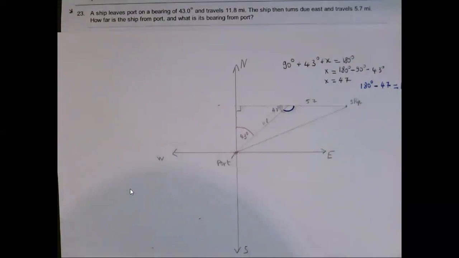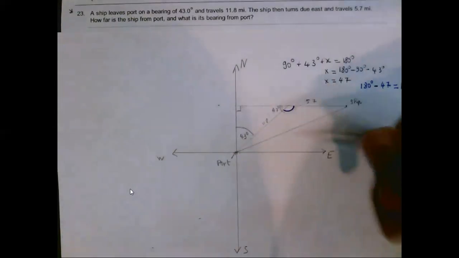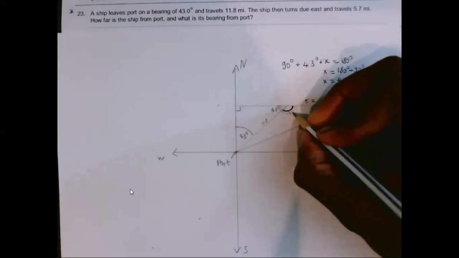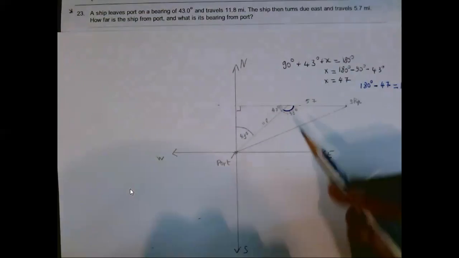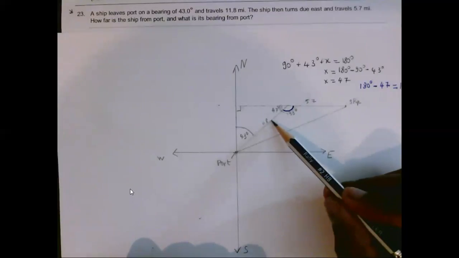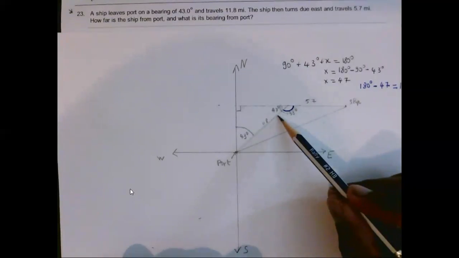Okay, now I have two sides, 11.8 and 5.7, and I have an angle. I can find the length that is here using the law of cosine. So let's call this distance d.